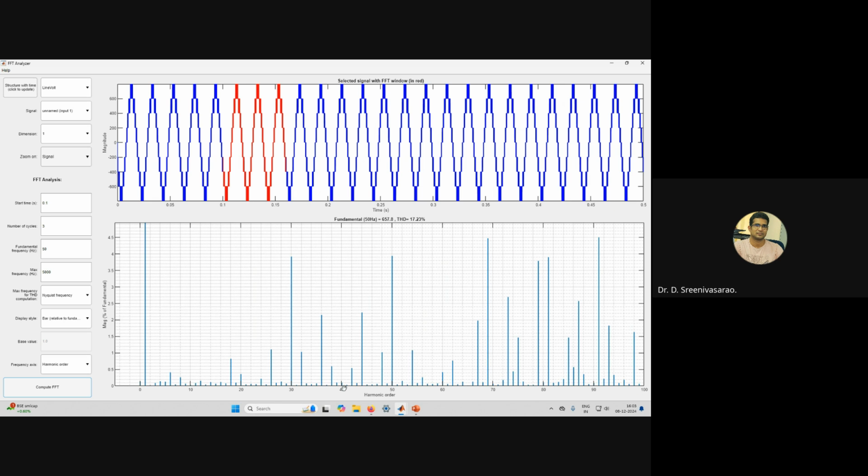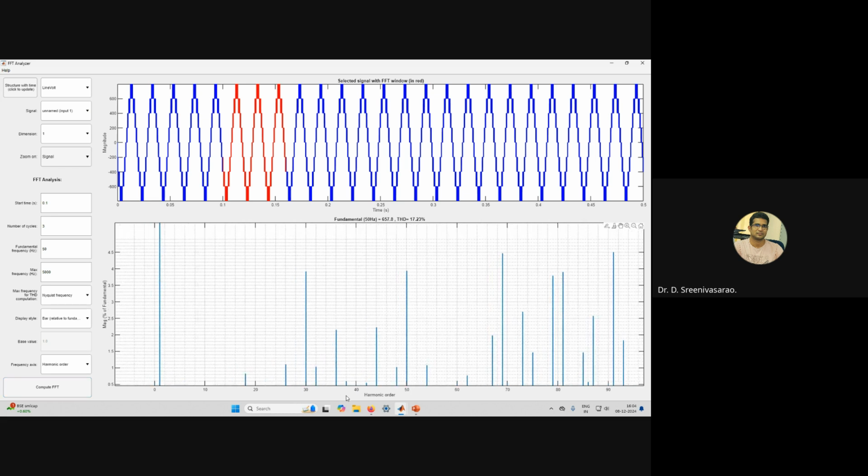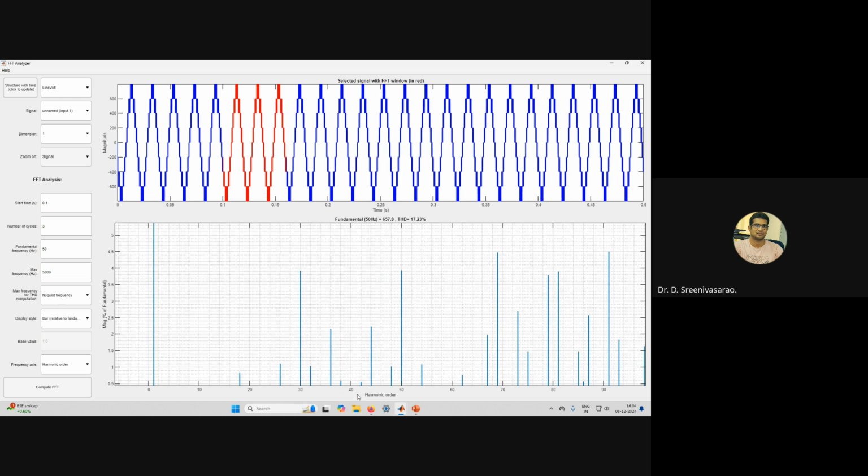Here we have considered 2000 Hz, so MF is 2000 divided by 50, which is 40. As we discussed, the inverter frequency and carrier frequency are the same, so the harmonics appear at 40.